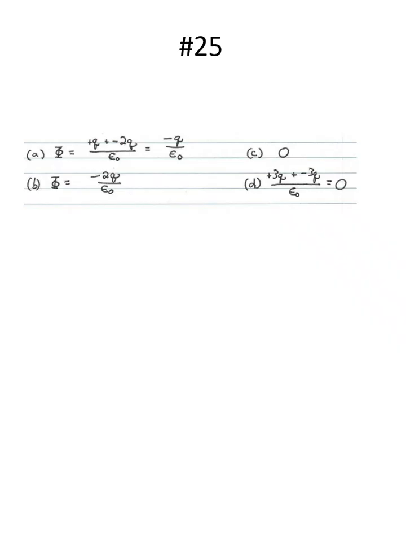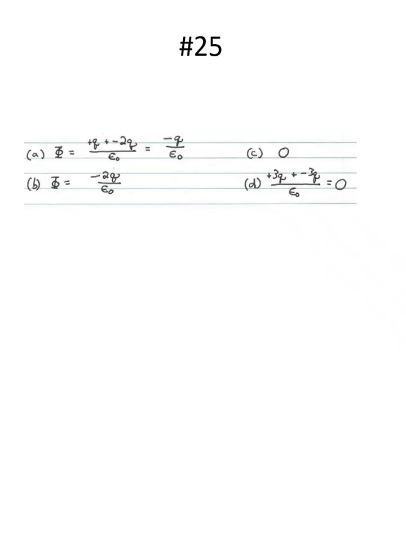For surface B, as I look at the picture, it is the entire surface. And so we add up, there's a Q, there's a negative 2Q, there's a negative Q, there's a 3Q, there's a negative 3Q. And when you add all of those together, you get negative 2Q.